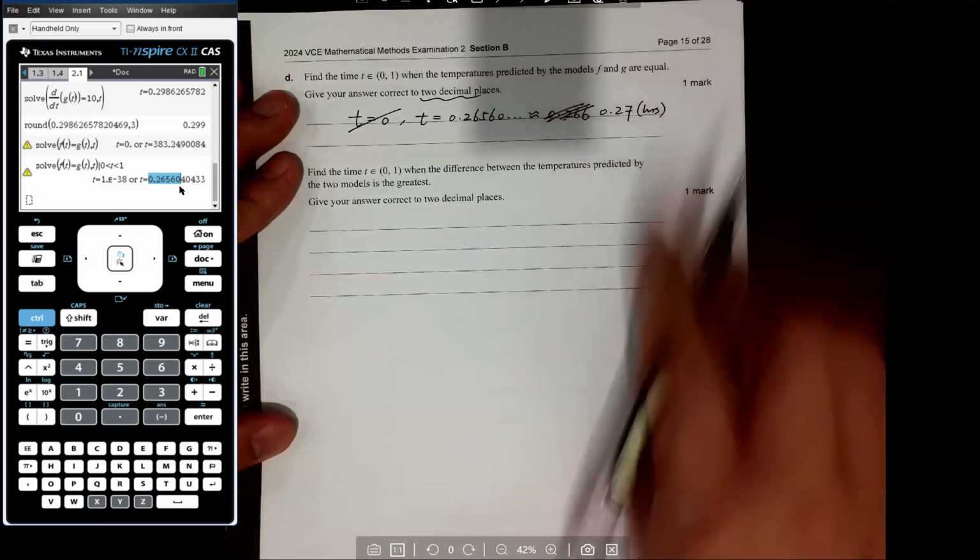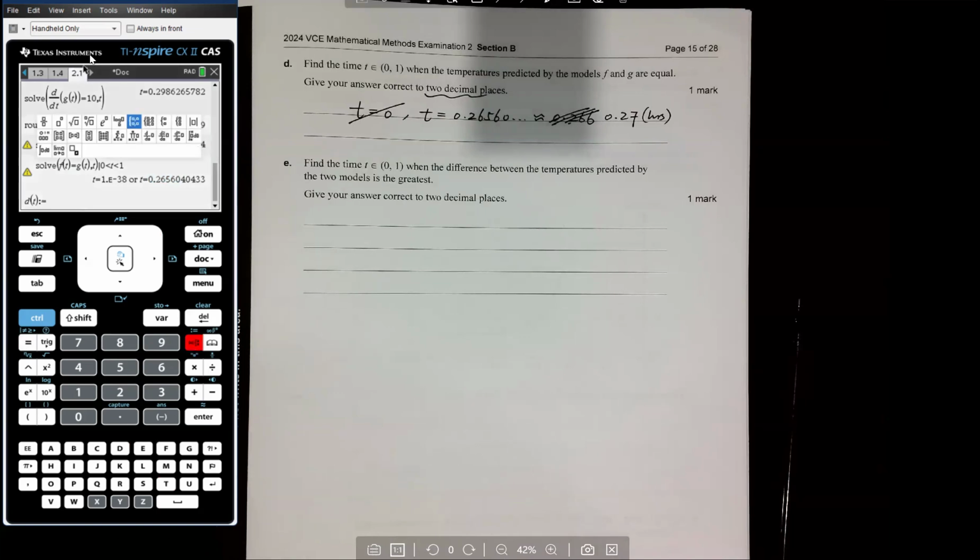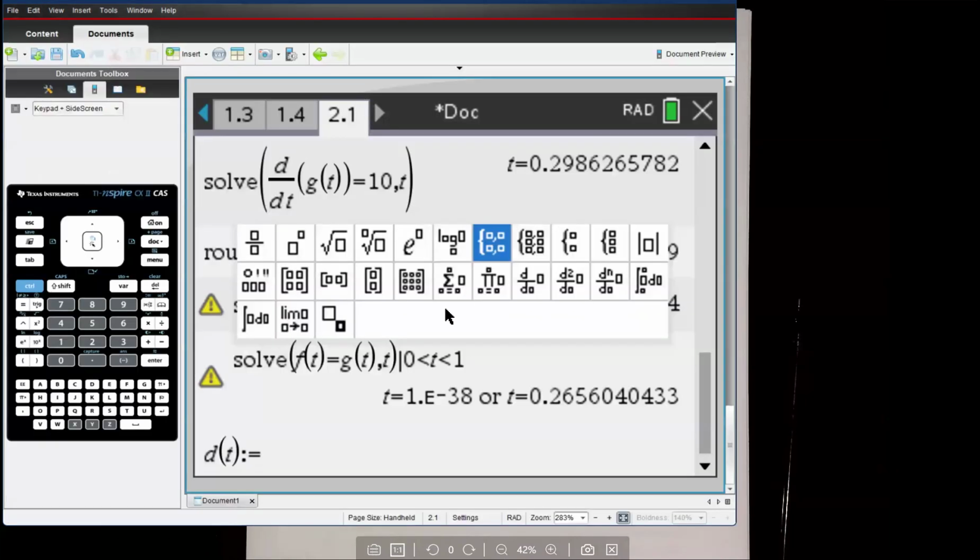And we would like the time when the difference between the two temperatures predicted by the two models is the greatest. For the difference, physical difference, I would use an absolute value function, because sometimes the first function is larger than the second. For other times, maybe the second function is larger than the first.